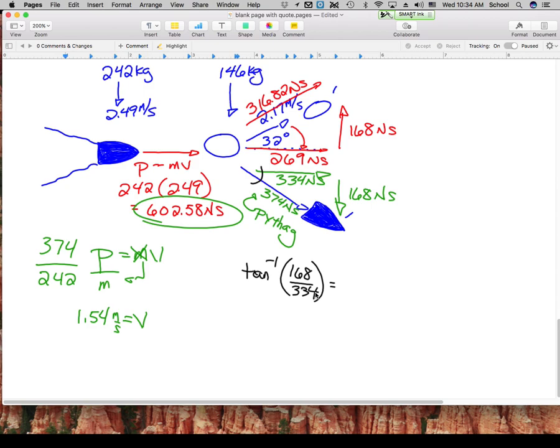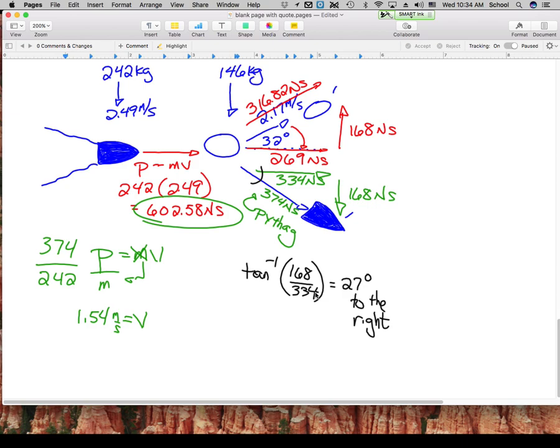Wait, is it 334? Oh yes. So you get 27 degrees to the right.